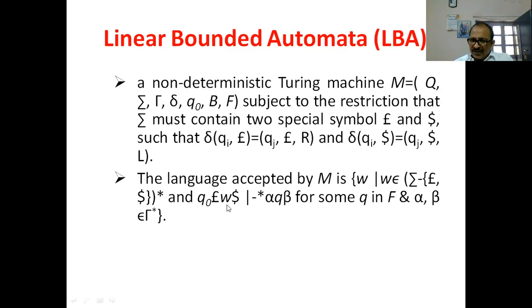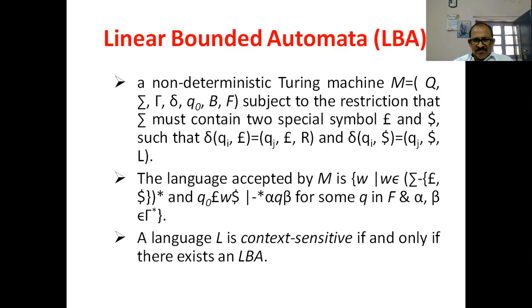If this is the initial configuration, the machine in state Q0, the input is between the two symbols, the pound sign and the dollar sign. This is how you represent the input. If the machine starts from this initial configuration and goes to the final configuration alpha q beta, here q is a member of F and alpha and beta are members of gamma star.